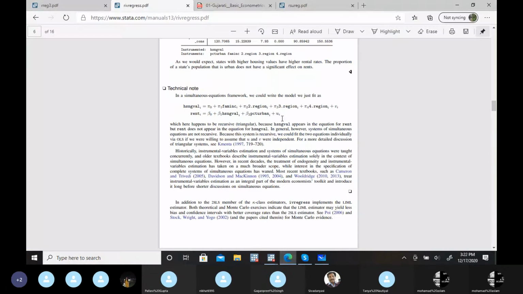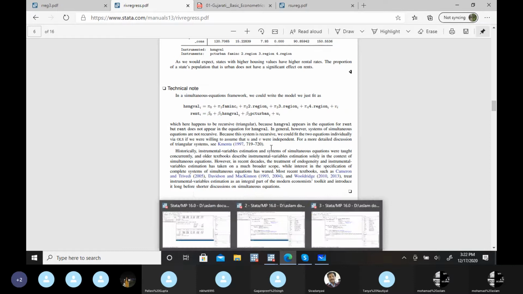So the model is, this is our model, a simultaneous equation model. There are three different regions, then per capita. Let's see. Yeah, this is from Wooldridge. The example set is from Wooldridge. See if details of the variables are given or not.